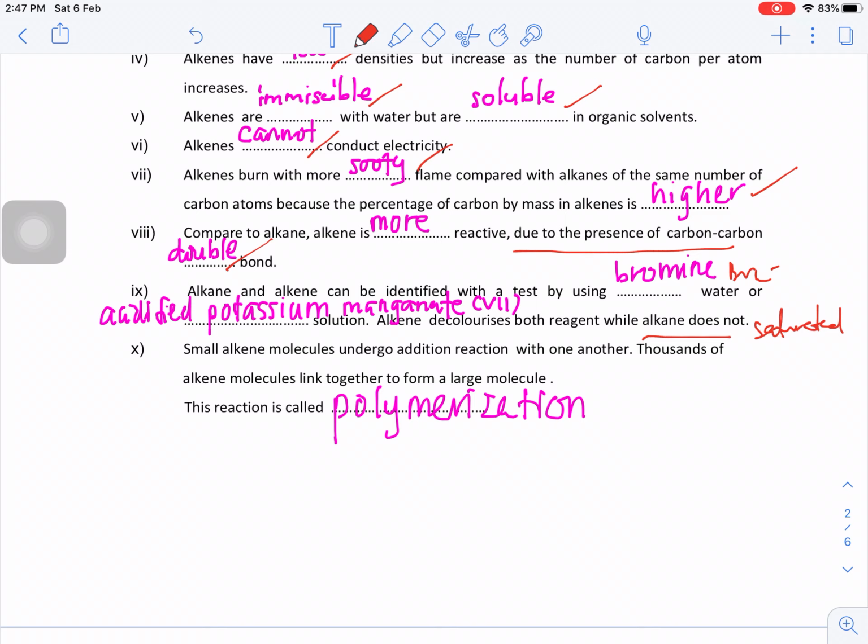Bromine cannot get in. So it cannot decolorize. Small alkene molecules undergo addition reaction with one another. Thousands of alkene molecules link together to form a large molecule. This reaction is called polymerization.